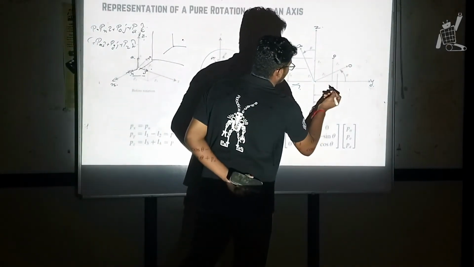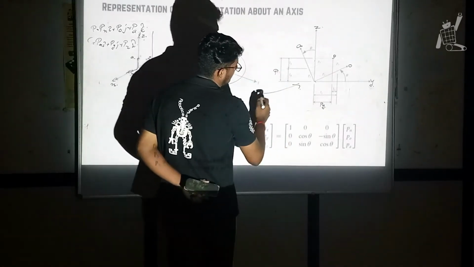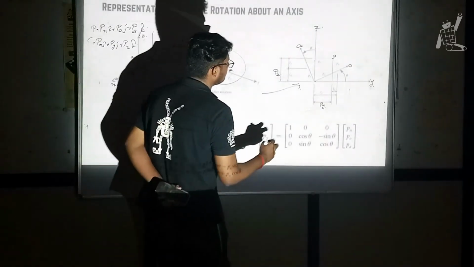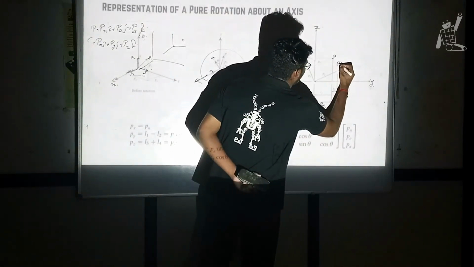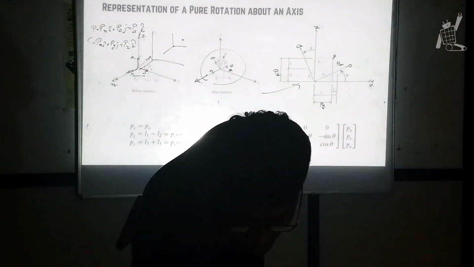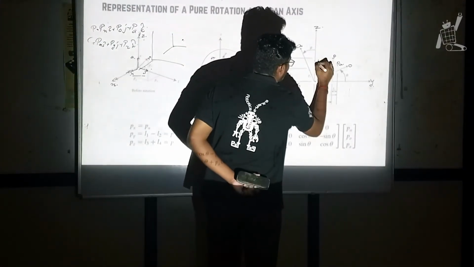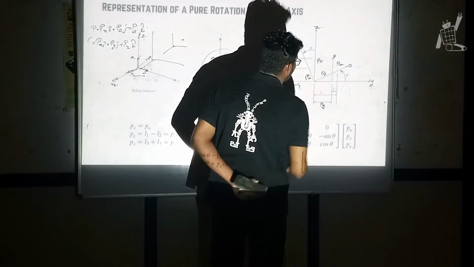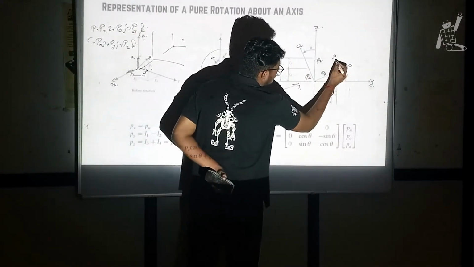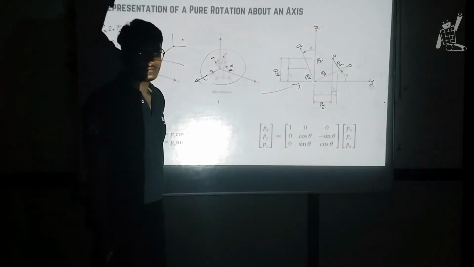Then this will be Pz and Pa. So you can see it. This is PO, and this is also PA. This is a frame, so this is the distance in the A axis.